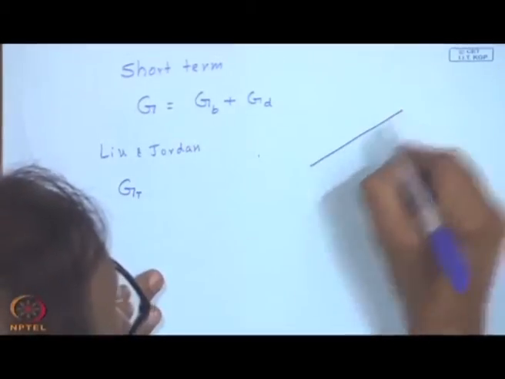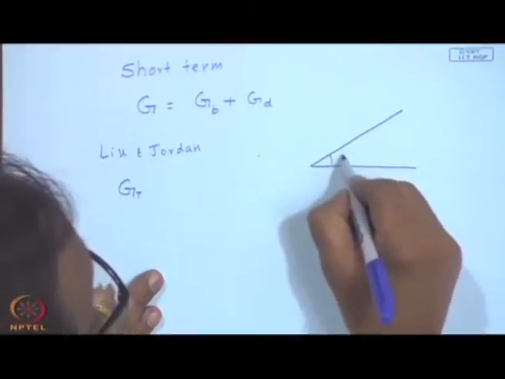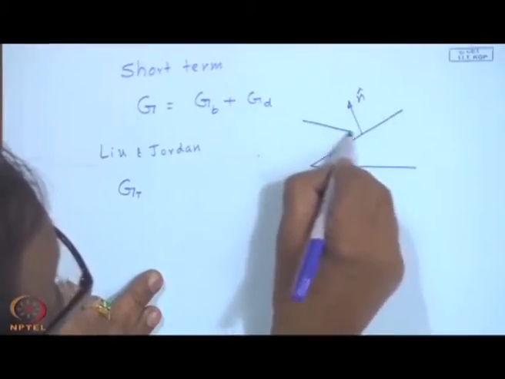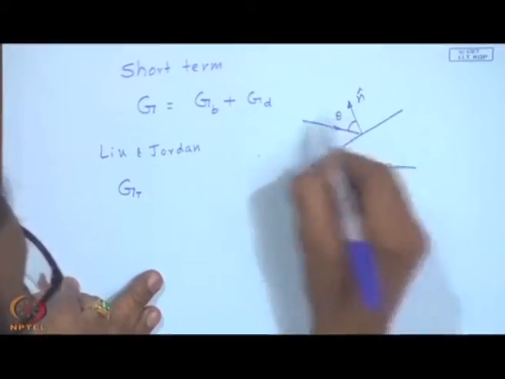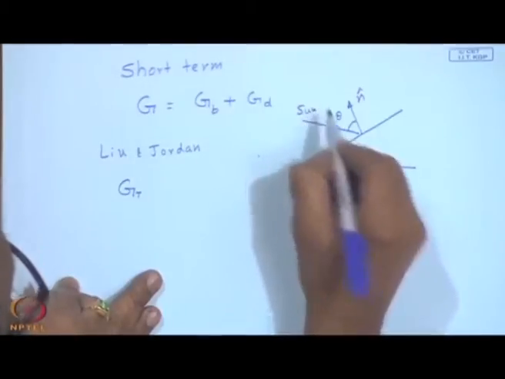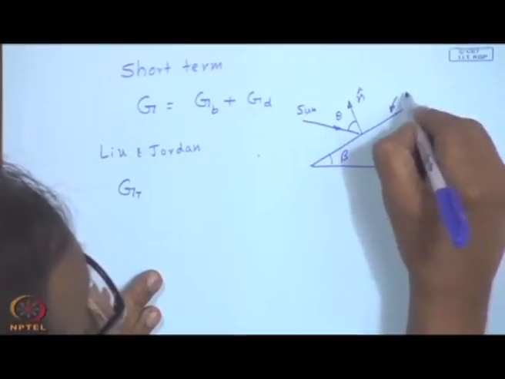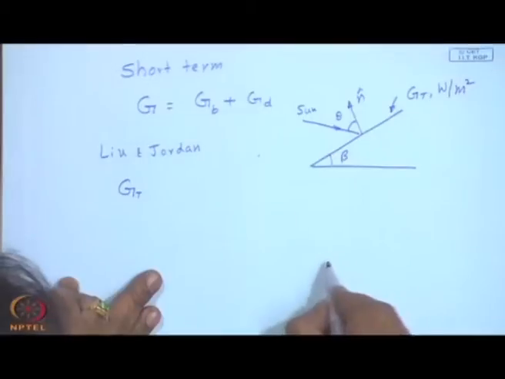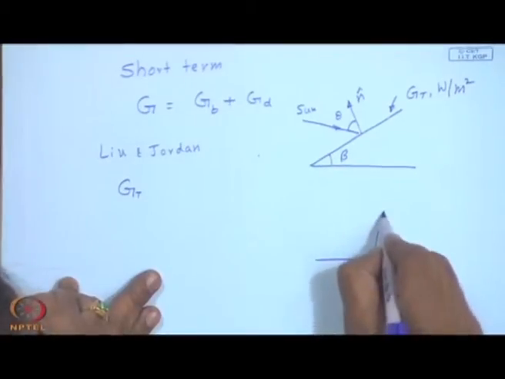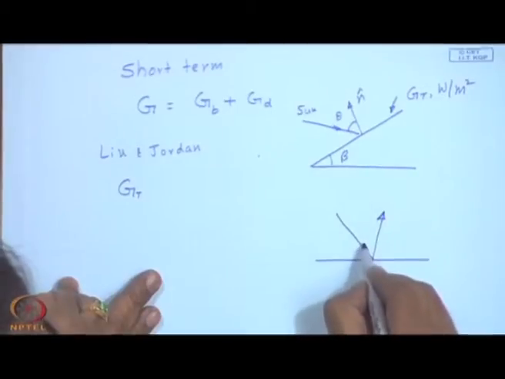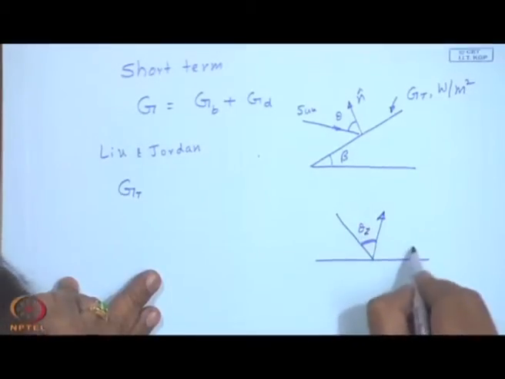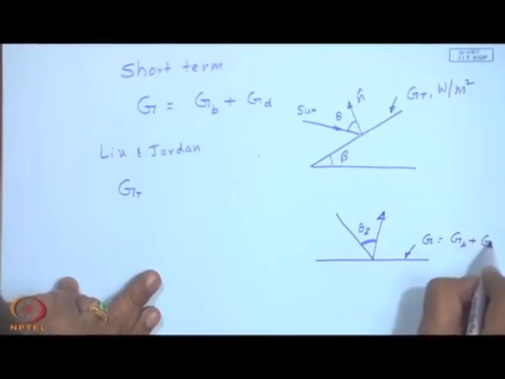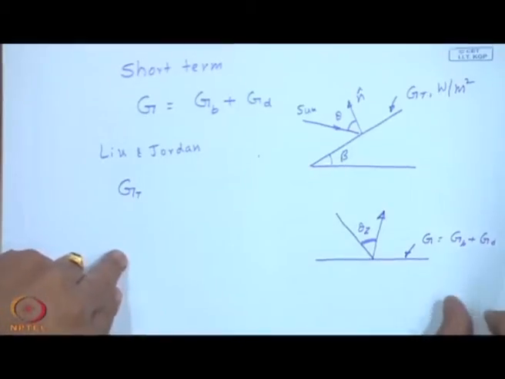Now, what I have got is beta, outer normal and the sun's ray making angle theta, compare, and this is G T, watts per meter square, compare it to the horizontal surface making an angle theta z, where this is G equal to G B plus G D. Is it okay?